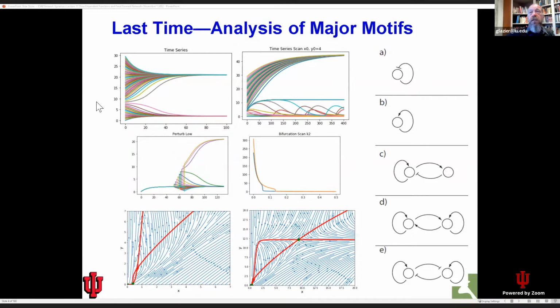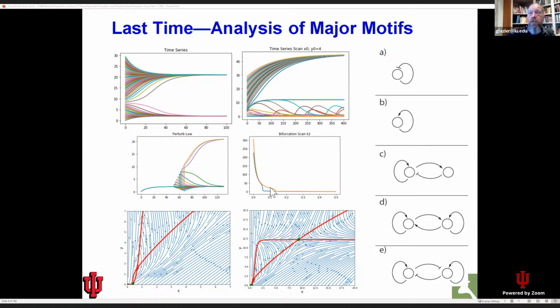We found a clear 2 fixed point system for B. For C, something more complex where you could go to a high value fixed point, a low value fixed point, an intermediate value fixed point, or oscillations. So you could have coexistence of oscillations and fixed points.